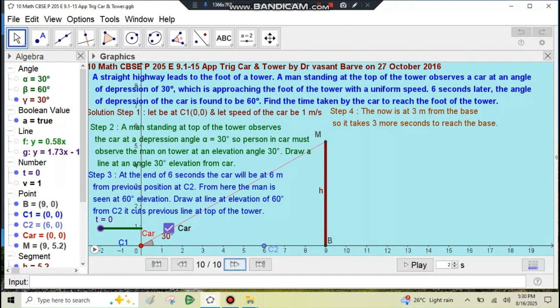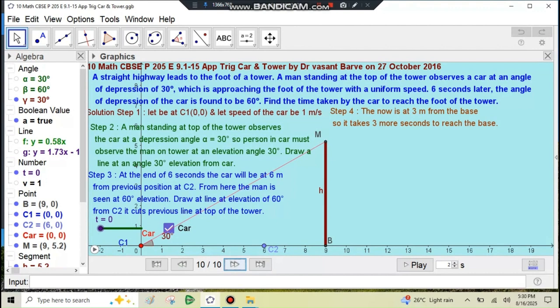So car right now at t equal to 0 is here at 0. Okay, and angle of elevation is 30 degrees. So we get angle of depression also to be 30 degrees. So I am reversing the problem. The person is looking at the tower and is having the angle of elevation as 30 degrees. Now, when you move this from C1 to C2, the angle of elevation is going to be 60 degrees.